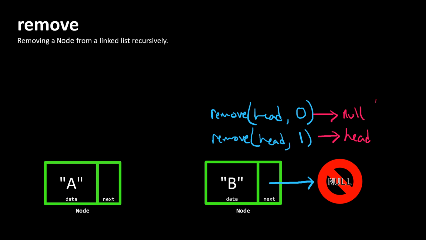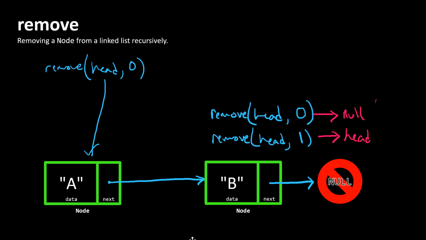And so with our second node in place, let's go ahead and link these up and say that the next node of our new head refers to a node B, right? So let's imagine a case where we're trying to remove this head node, or we're trying to remove from this list the very first element. So we would say remove, and our head node, let's imagine that it refers to this one here, and the index that we're trying to remove is 0.